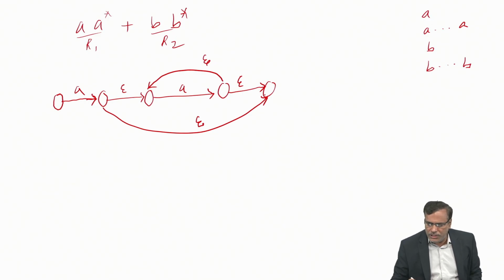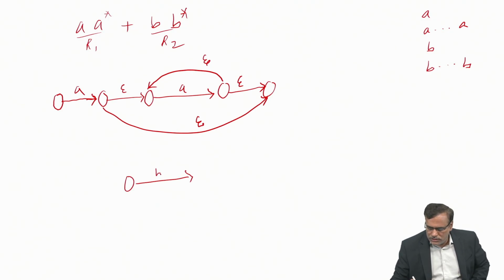In a similar fashion, you need to do it for B star. First here also you can do it for B star. So this is B star, which means you have to introduce a new start state. Anyhow it is going to get changed. So this is the previous start state.